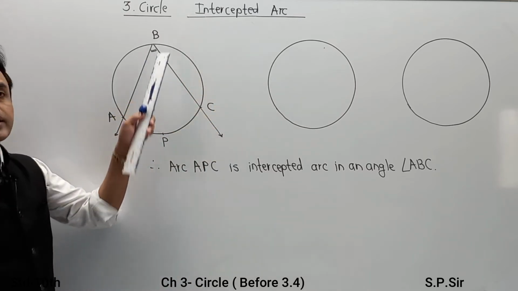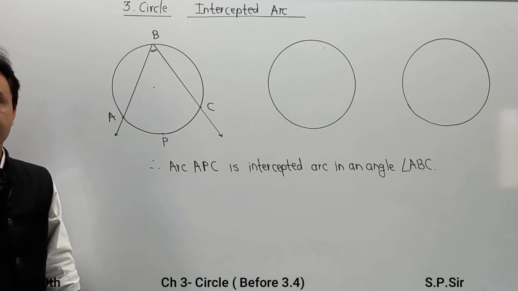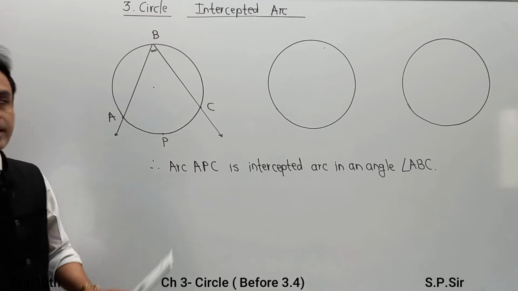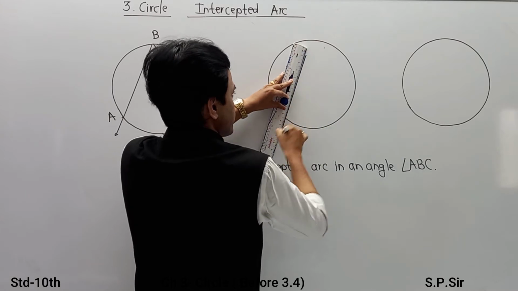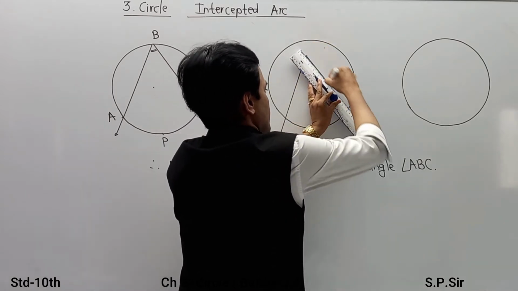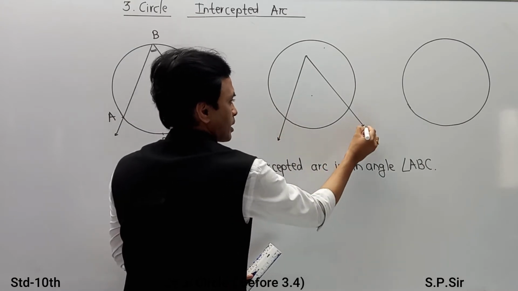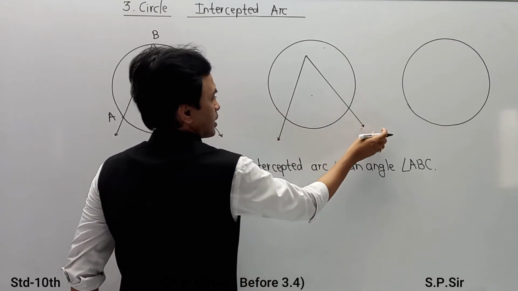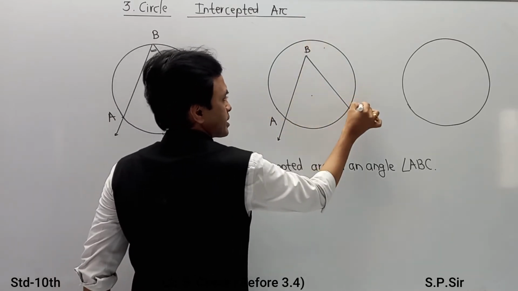Now it is not required that the angle must be on the circumference of the circle. It is possible in some cases that the angle may lie inside the circle. I have drawn the same type of angle somewhere near the center over here, and your respective angle is ABC.